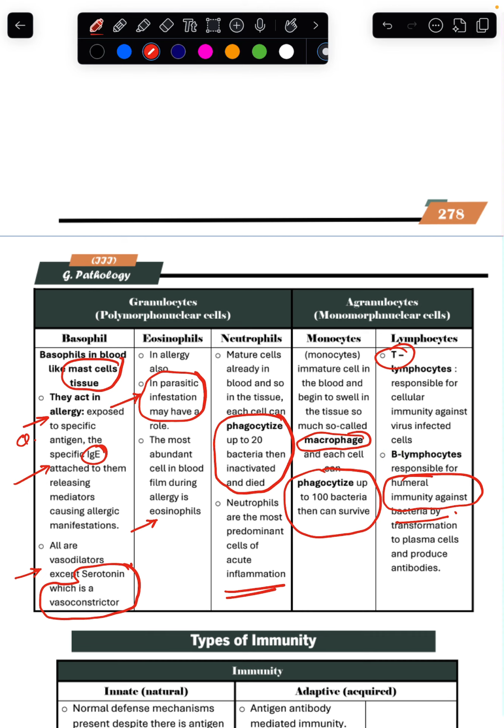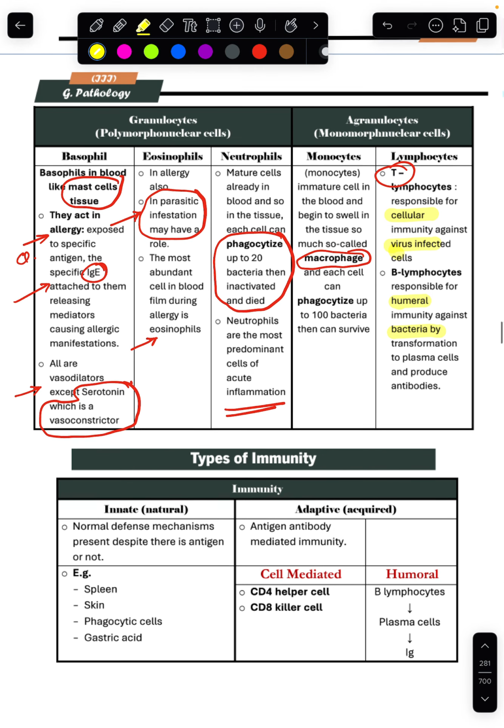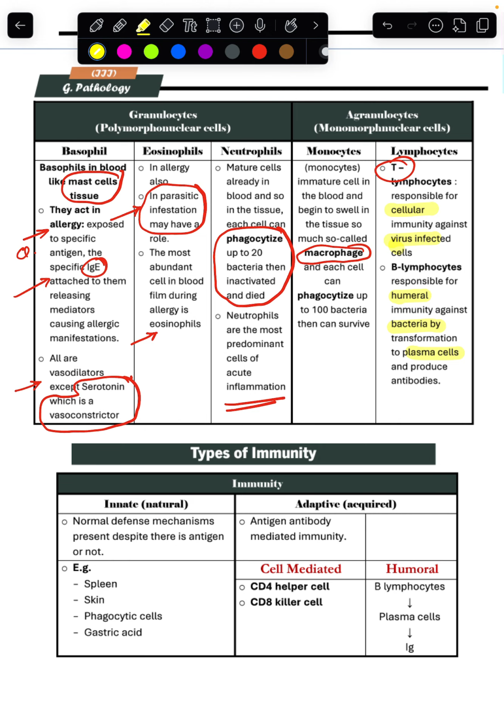T against viruses, B against bacteria, and B is humoral. So we have to understand this: against bacteria, humoral; against virus, cellular. Humoral is through plasma cells.